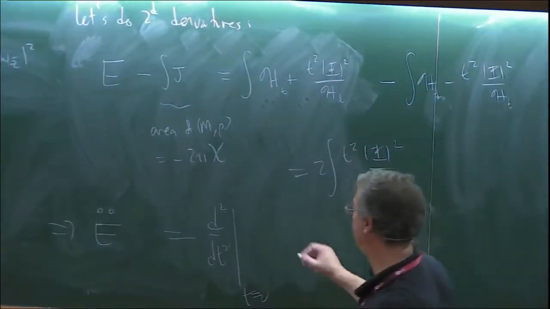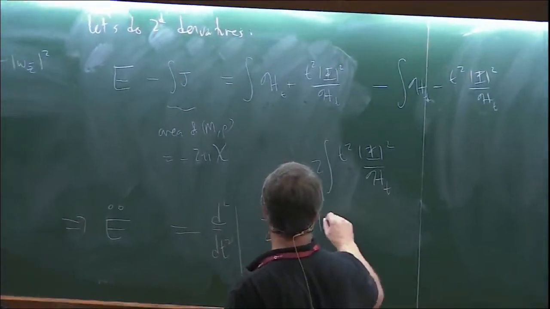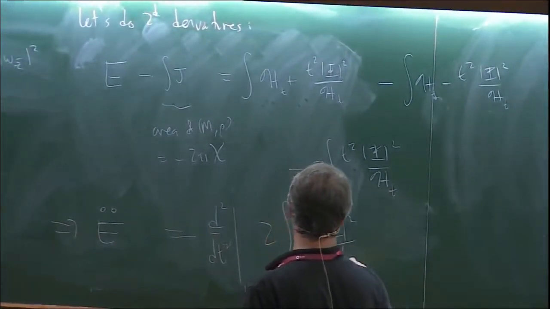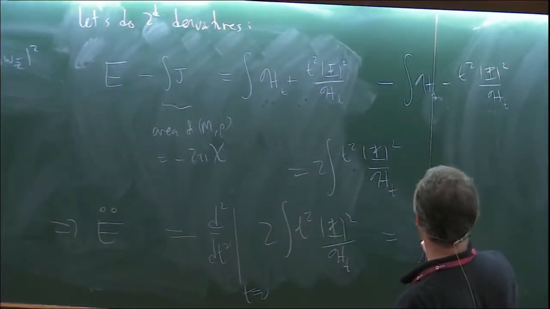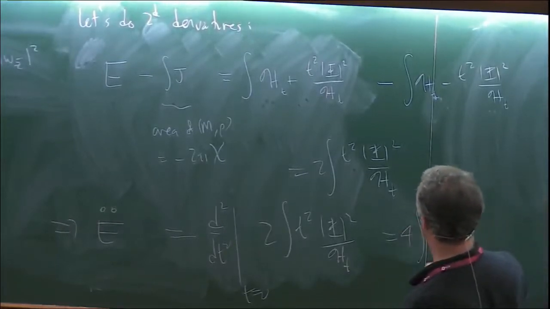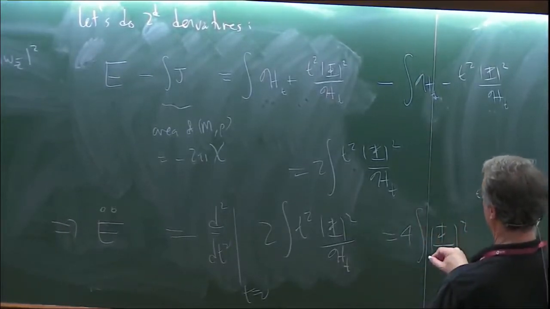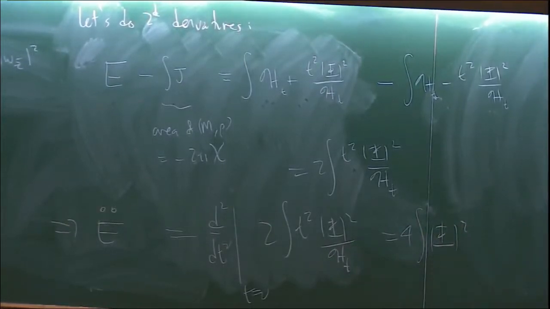So what do you get? This is 2 times the integral of t squared v squared over ht. Doesn't really matter what the derivatives of h are. And I get the integral of phi squared, I guess there's a 4, divided by h0, which was 1, and that's it. Okay? So now I roll the dice.